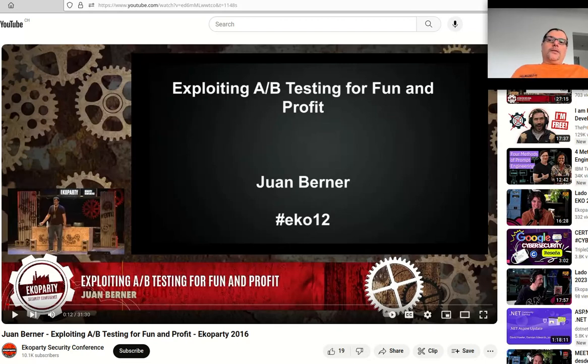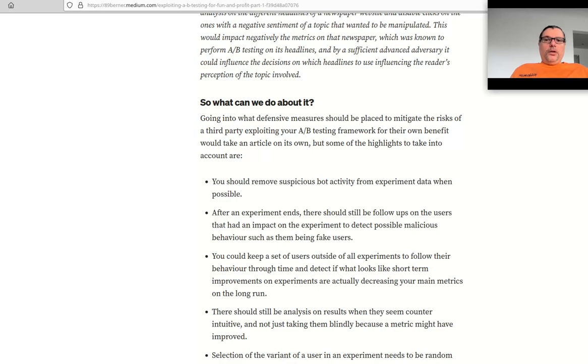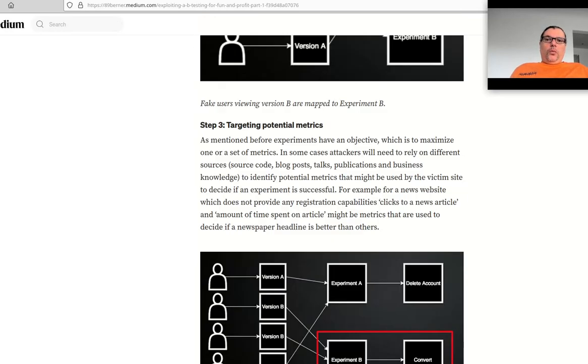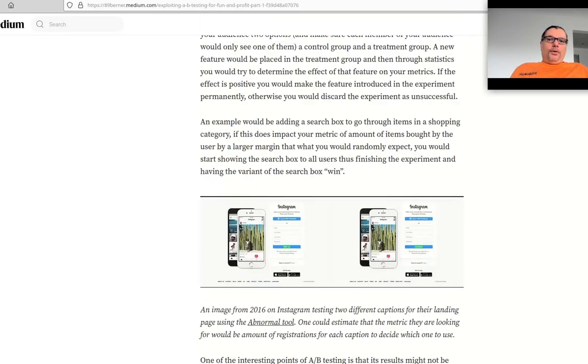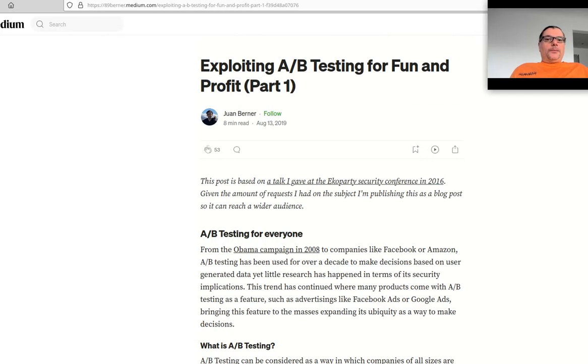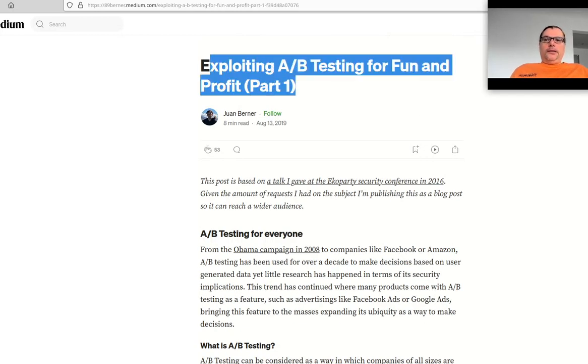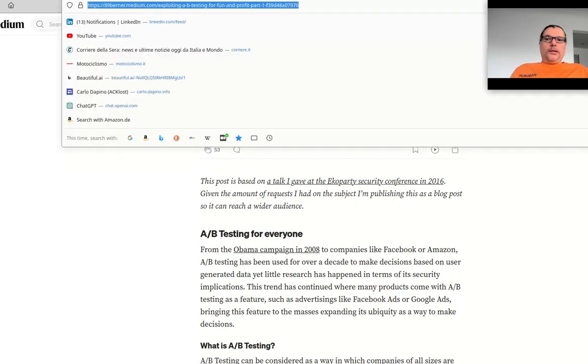This one is quite relevant if you think about how AI is more and more often creating this content, and there is an entire series written by the author on Medium, where he describes step by step all the critical aspects. You can find it on Medium: exploiting A/B testing for fun and profit.